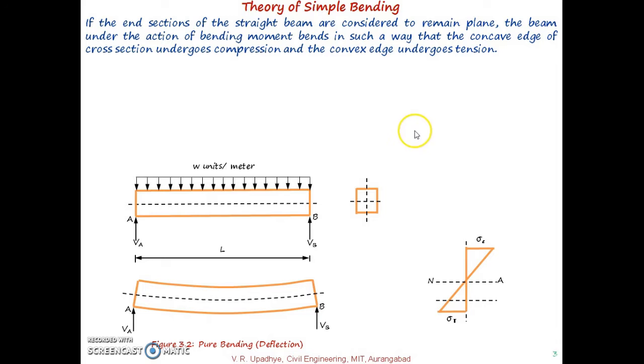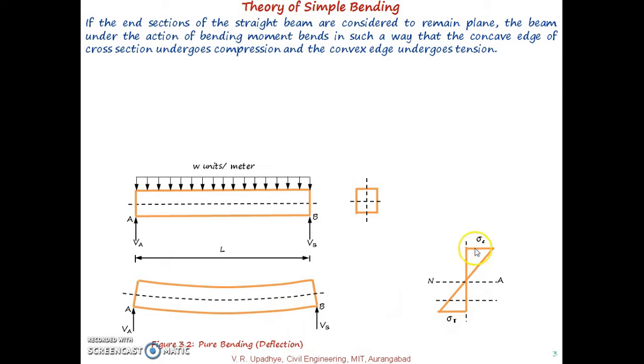As shown in this figure, this is the plane before the force, and after the application of the force the bending and deflection take place. This end section of the straight beam remains plane, and it is subjected to compressive stress at this position and tensile stress at this particular position.